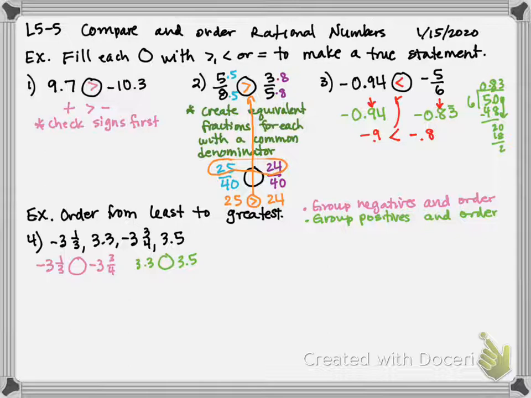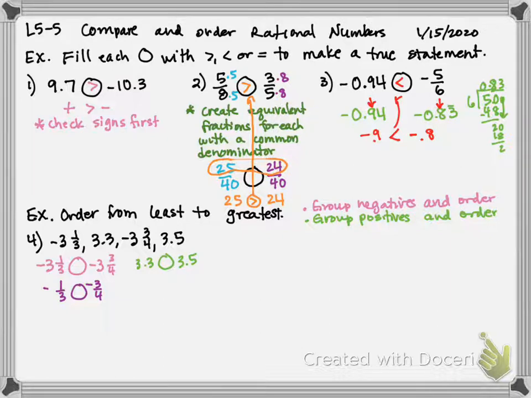So first problem I see is both of them are negative 3. So what I need to focus on is I'm going to compare 1/3 to 3/4. So negative 1/3, negative 3/4. And so I can do one of two things.